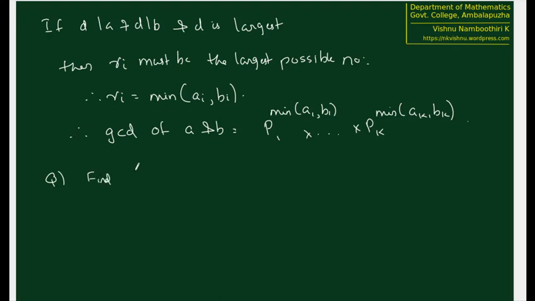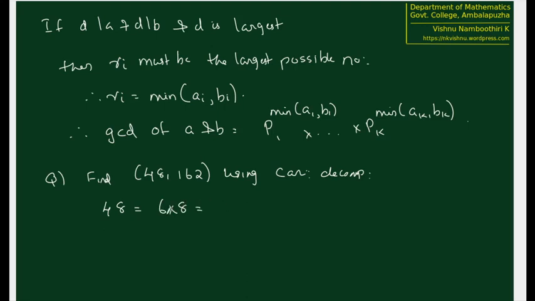Find the GCD of 48 and 162 using canonical decomposition. So how to do that? We will write the prime factorization. 48 is 6 into 8.